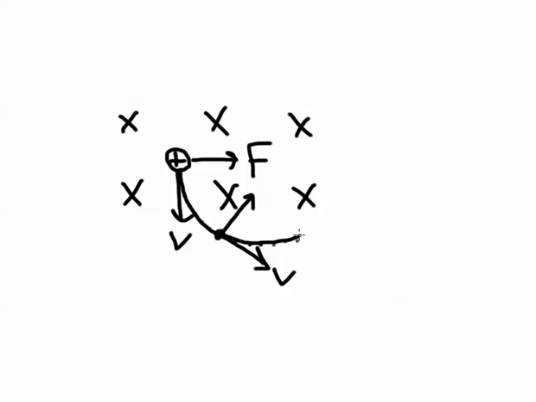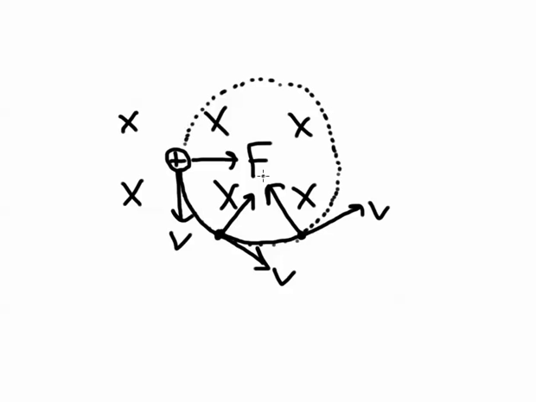And then at this point, you can use the right-hand rule to say that if the velocity of the particle is in this direction, then the force points in that direction. So you can see that what's going to happen is that the particle is going to go around in a circle. And it's going to eventually come right back to where it started.